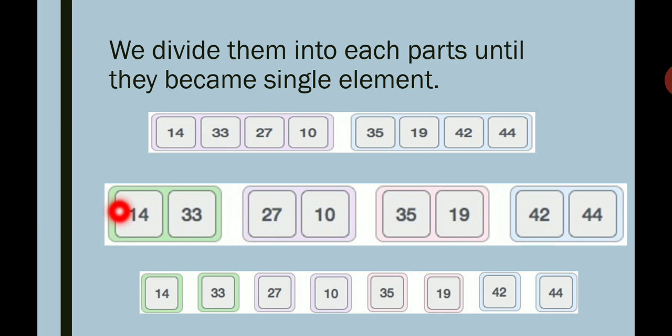Here, this is the first sublist, this is the second one, this is the third one, and this is the fourth one, each consisting of only 2 elements. Again we divide them into single elements. Here we get 14 as a single element, 33 as a single element, and so on up to 44 as a single element.